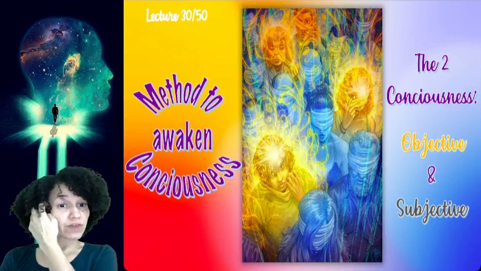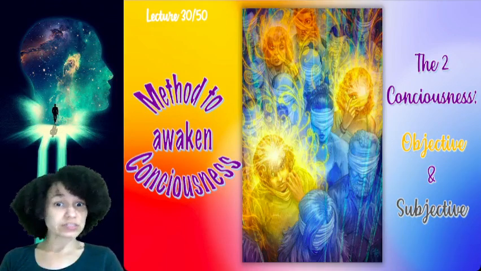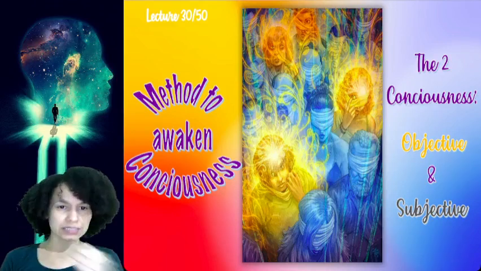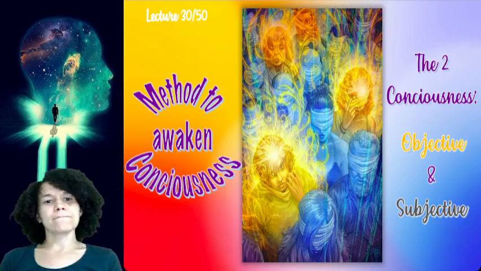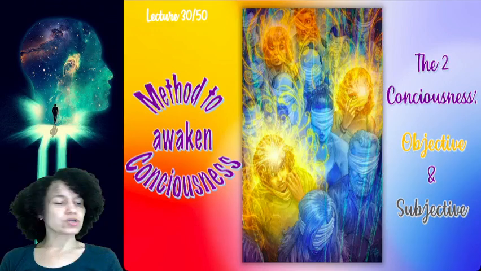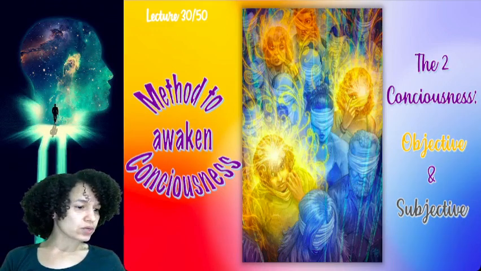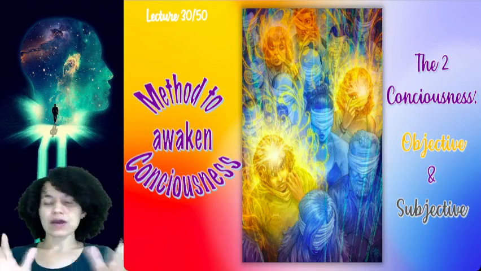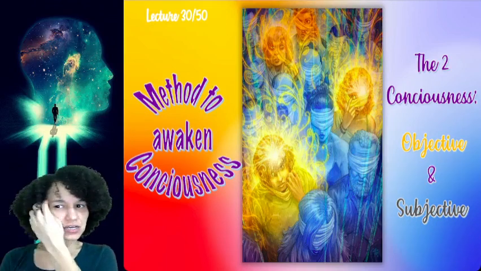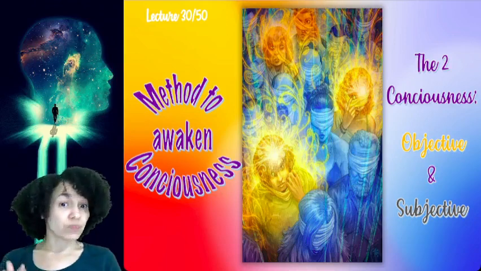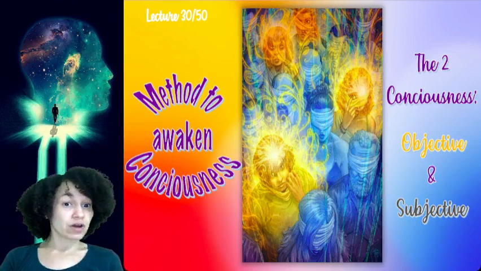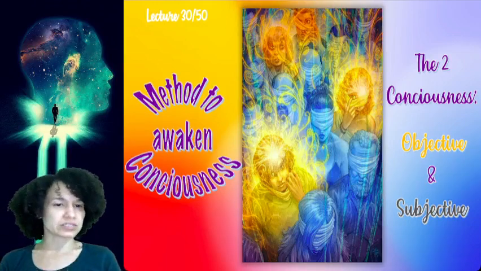The objective of today's lecture is first that we have clear how our consciousness is divided, which are those two kinds of consciousness that we have. Why we have two kinds of consciousness, as you can see here, the objective one and the subjective one. We are going to see today why it is called objective consciousness and why it is called subjective consciousness.